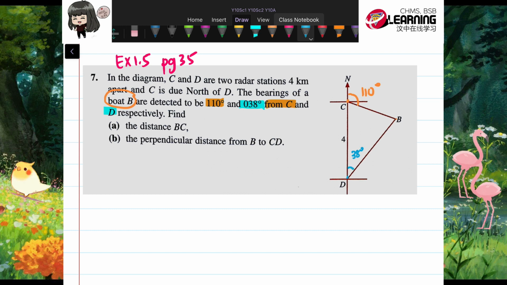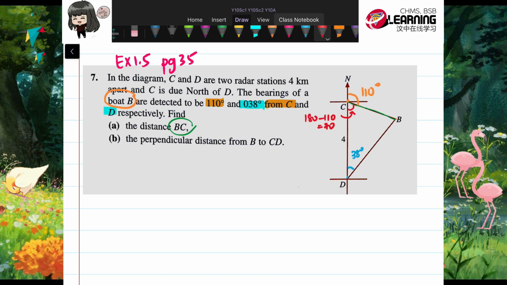Find the distance BC. BC is here. What we have is only 38 degree, the 4 kilometer, and this angle here you can find by using 180 minus 110, which is 70 degree. So this part here is 70 degree.